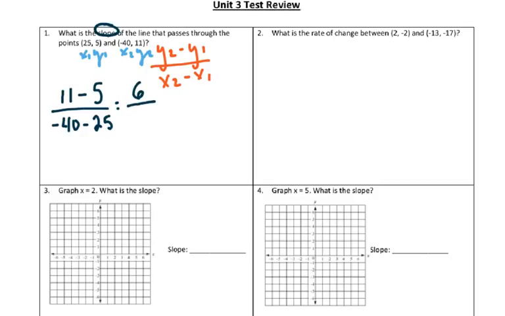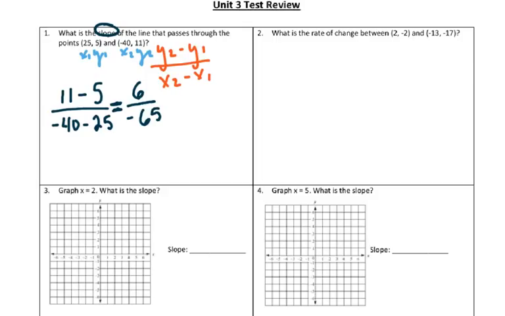And then on the bottom, negative 40 minus 25. A negative number with another makes a bigger negative, so that's the number negative 65. Okay, so we simplified, and that would be our slope.